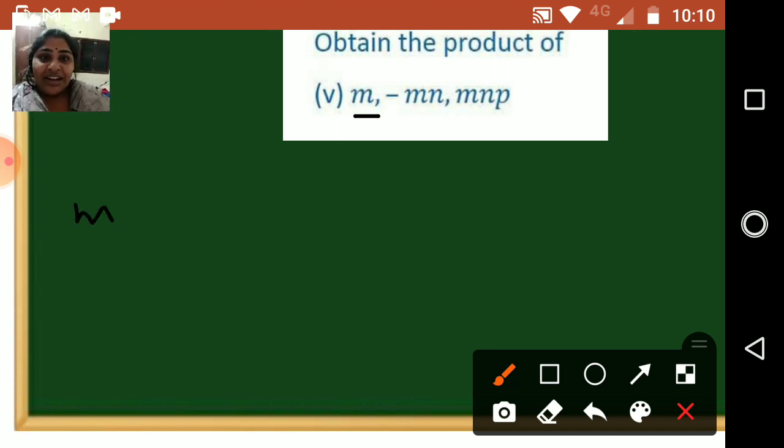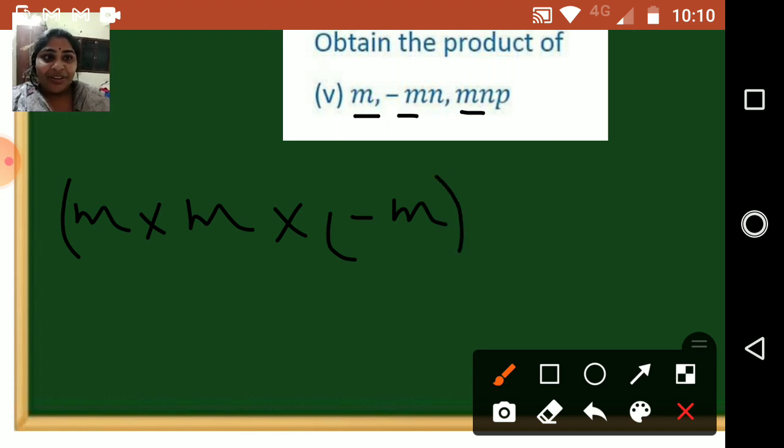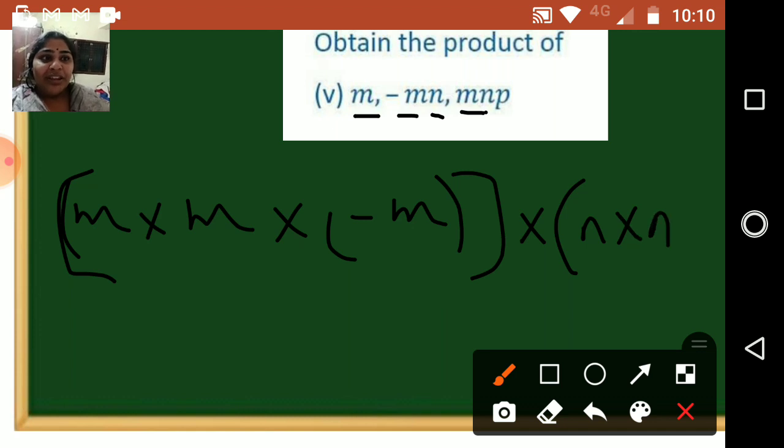So I'll start m multiplied by m multiplied by negative m. Okay, so this coming in one bracket, multiplied by n into n, that is n into n multiplied by p. There is only one p, so I am writing as it is.